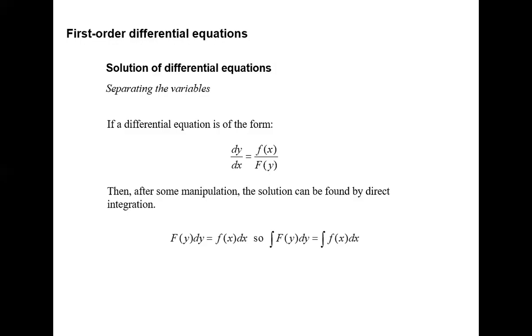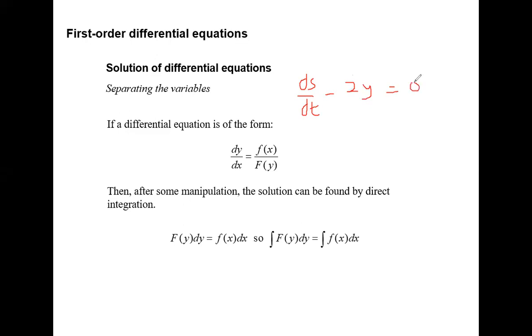Having looked at the direct approach, we want to look at the next method, which is separation of variables. A typical example of separation of variables is the one we started with. So assuming we have ds/dt equals minus 2y, if you remember this example initially.